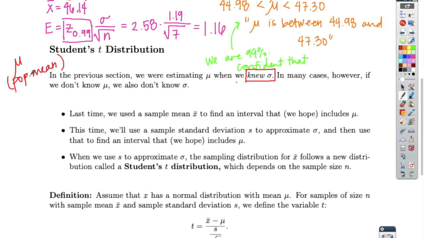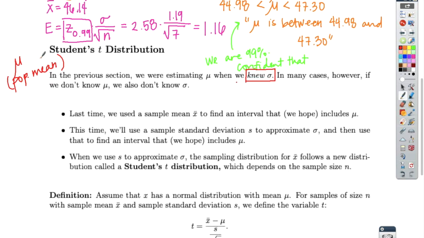And finally, in chapter 8, we start thinking, well, hold on a second. If all we have is a sample, then how would we really know the population mean? And the answer is we probably wouldn't. If you only have a sample, then you'd probably only know the sample mean.